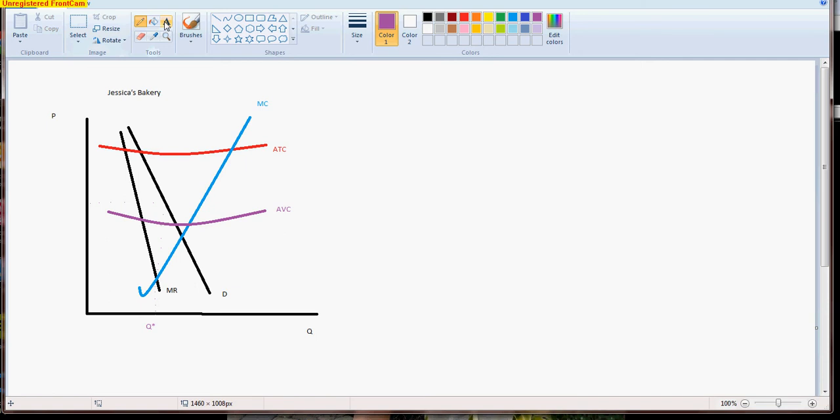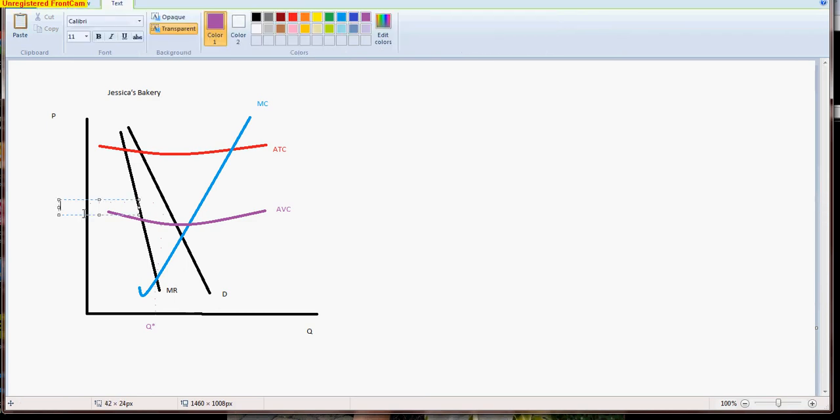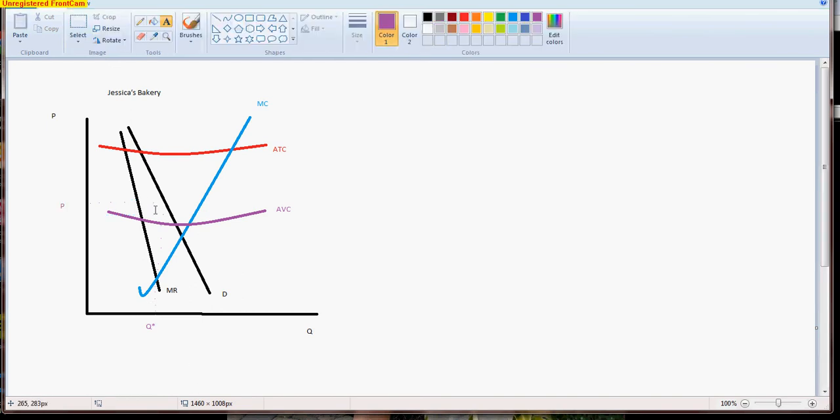So this is going to be the price that will be set at this quantity, and then we're going to go up from Q star to the ATC to find our per unit cost. So we'll just continue up from here, go up to average total cost, and then over to the left to find our per unit cost, which we'll label C, which is right about there.